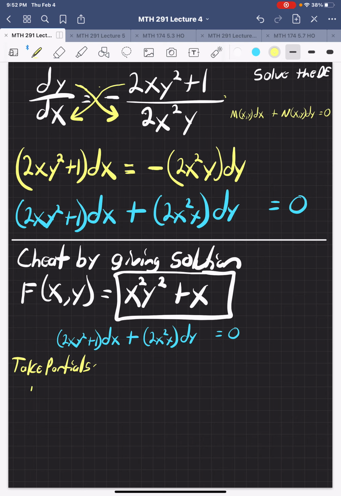If we take the partial with respect to x, and the partial with respect to y.